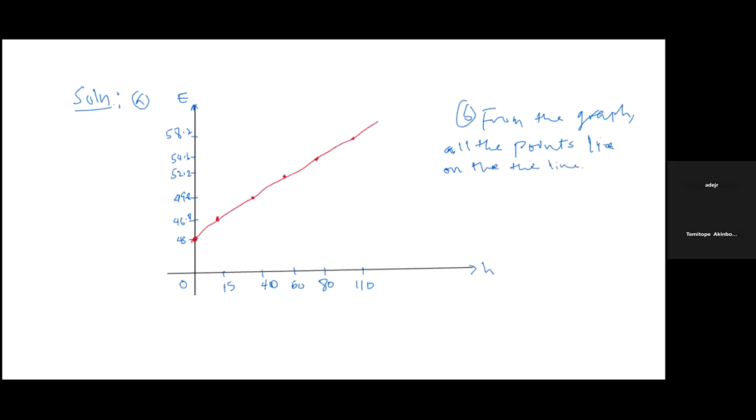Hence, a linear model is possible. Please write that down. So that is how we know that a linear model is possible, because all the points lie on the line from the graph.